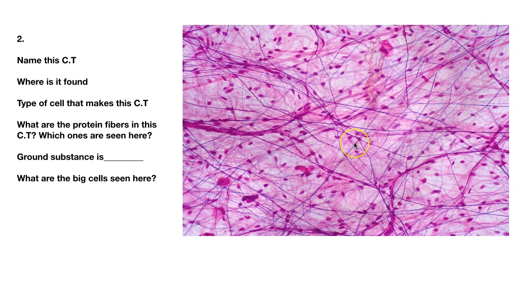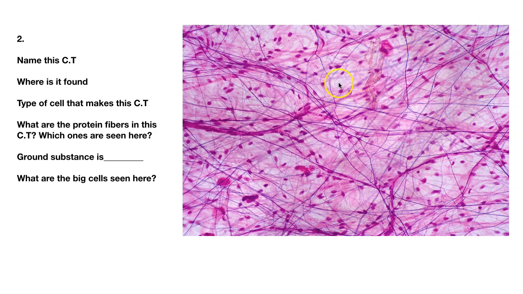If this is areolar connective tissue, what kind of protein fibers are in areolar connective tissue? All three. One third collagen, one third elastin, and one third reticular. You cannot see reticular protein fibers because you need a special stain. So the only protein fibers you're going to see on our slides are going to be the elastic protein fibers and these larger collagen protein fibers.